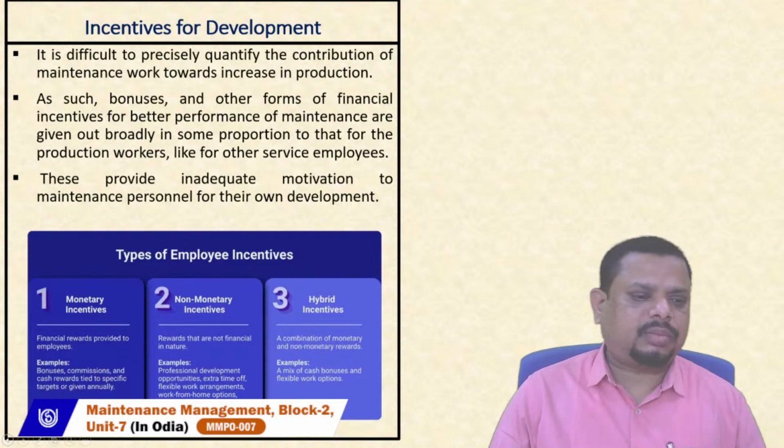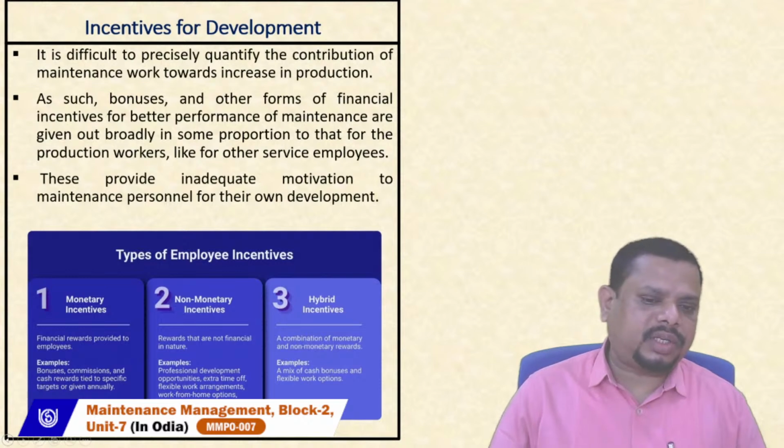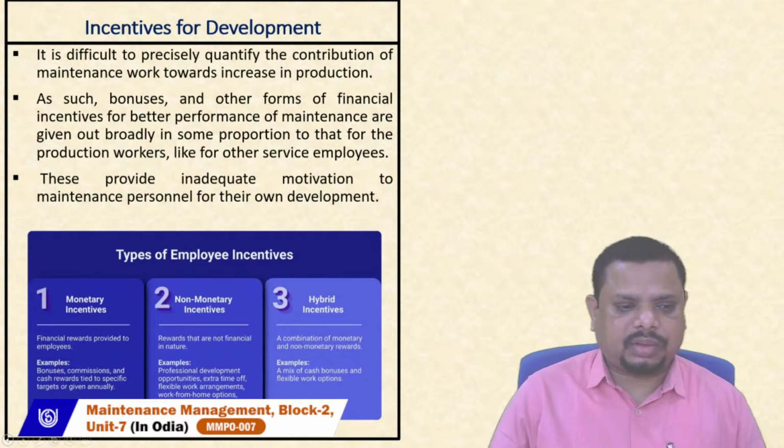The first one is monetary incentives. The second one is non-monetary incentives, and the third one is hybrid incentives. Under monetary incentives, financial rewards are provided to the employees, for example bonuses, commissions, and cash rewards tied to a specific target or given annually.